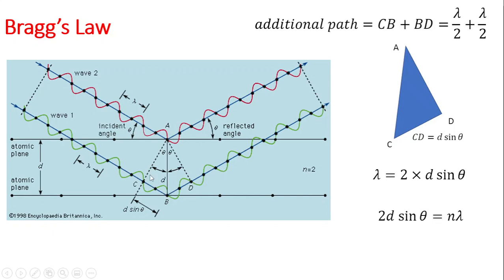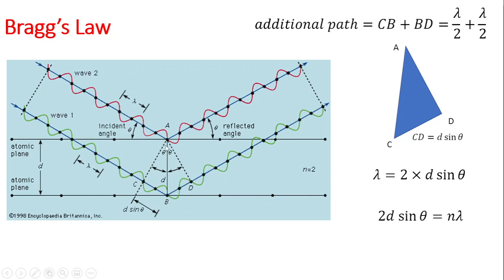If you want to calculate this, you can do some basic trigonometry as shown from this figure on the side. The path lengths CB and BD are each equal to lambda by 2. This is because you can see that there is one trench and one peak, and you know that the distance between two consecutive peaks is lambda, so the distance between one trench and one peak will be lambda by 2.